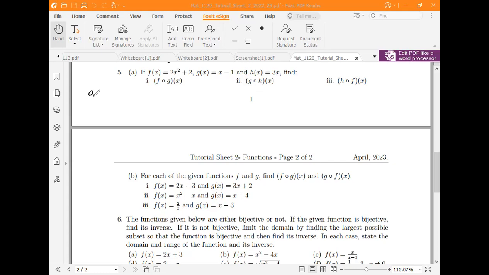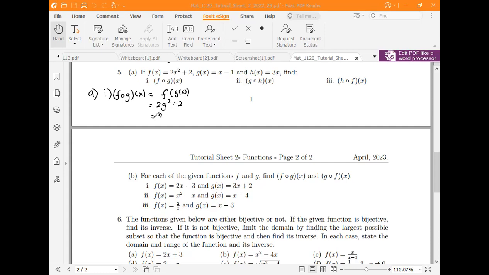So for A, we want to find f of g of x. F of g of x simply means in f, where there is x, take g. That is, in the function f, where there is x, we put g, so we have 2 g squared plus 2. So we square g because x is initially squared.